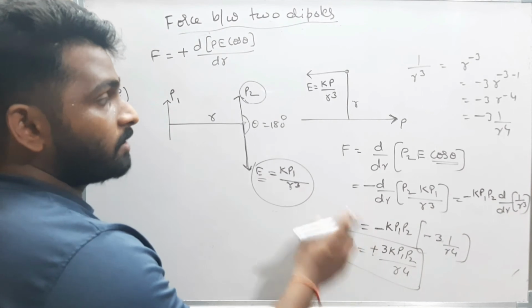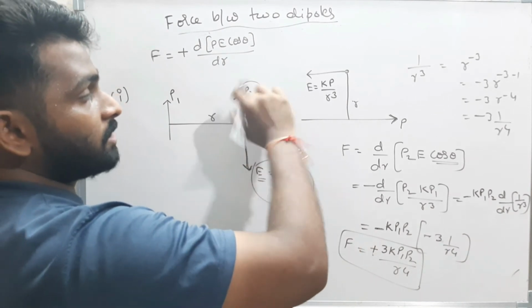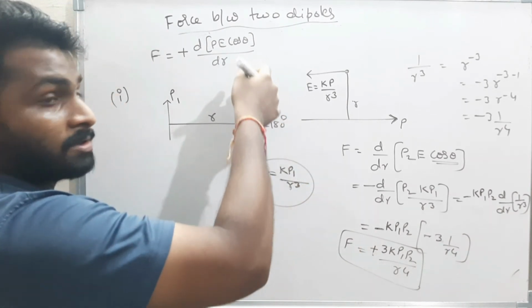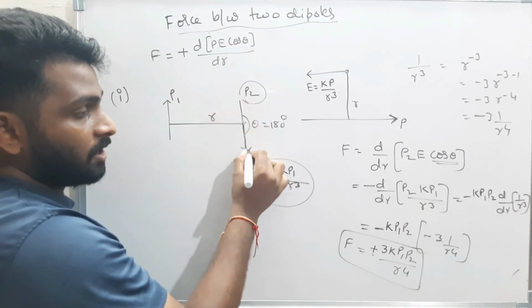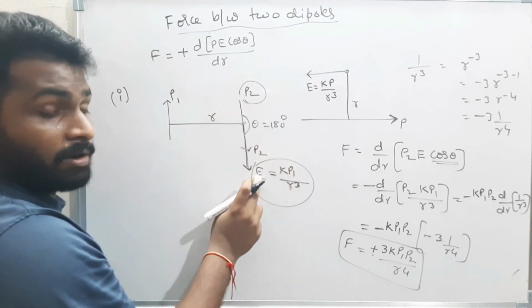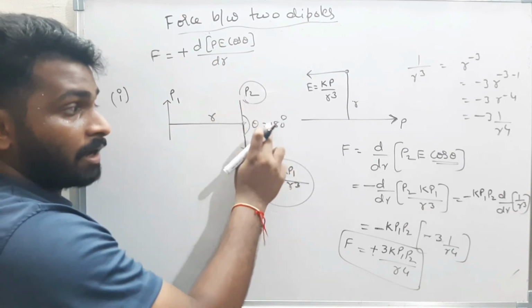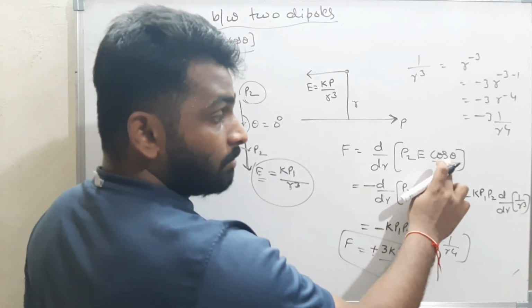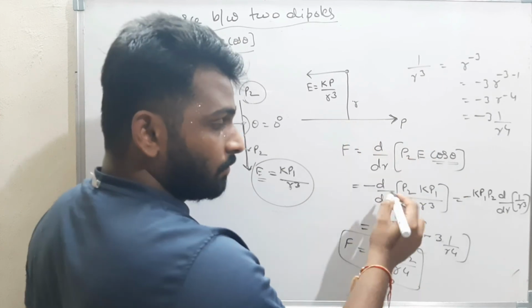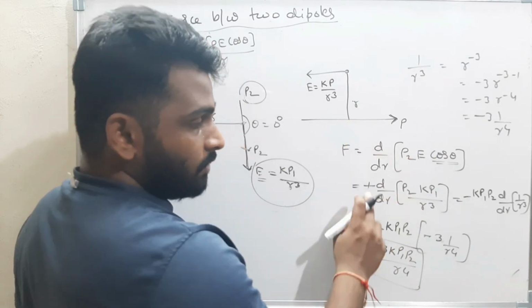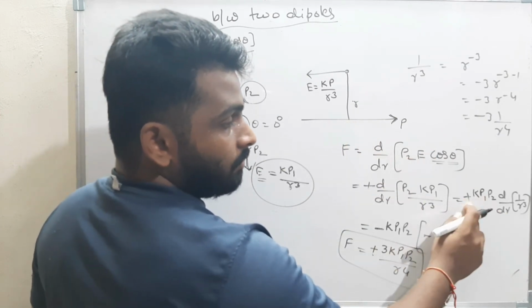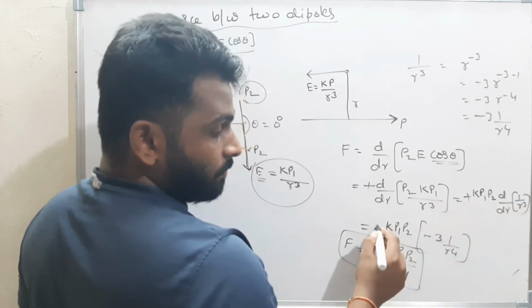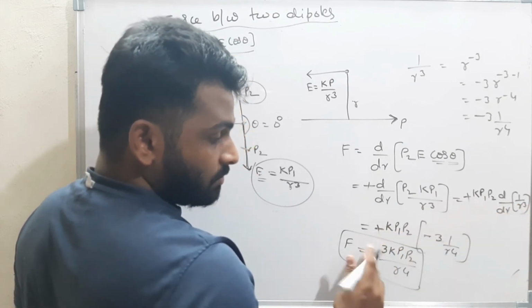Now, if by chance one of the dipoles is reversed, say P2 is reversed, then what is the angle between E and P2? The angle will be 0 degrees, and cos 0 is plus 1. Minus into plus finally gives minus.